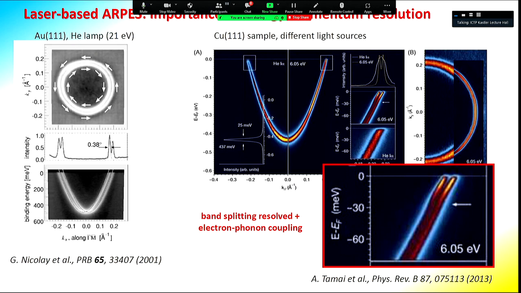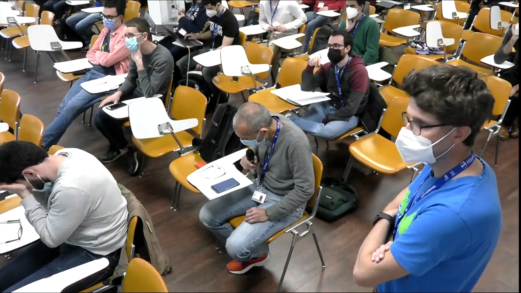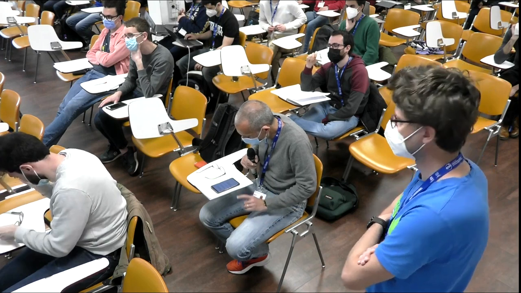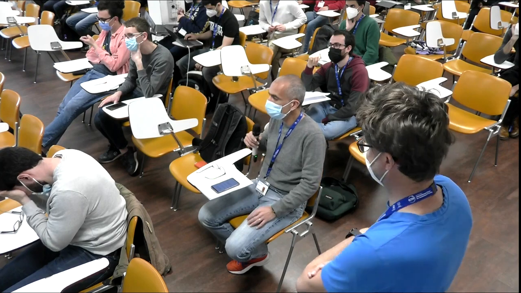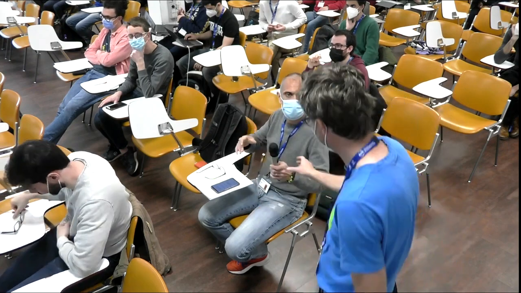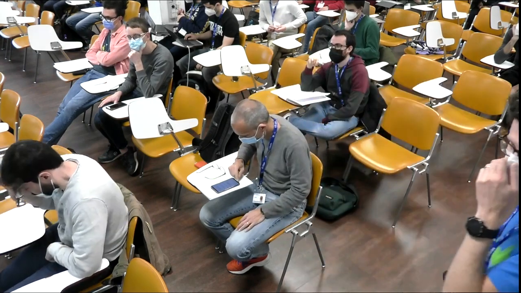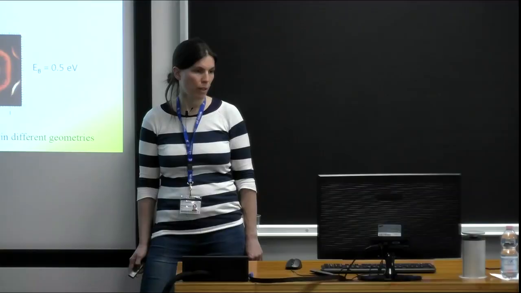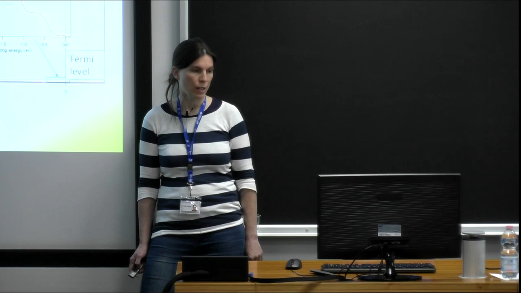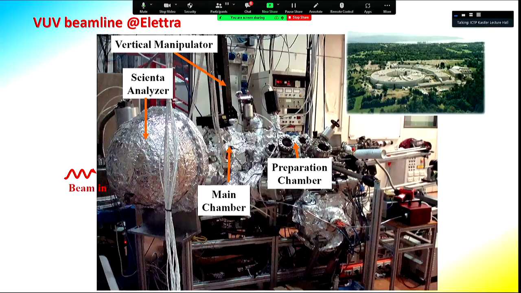Okay, the last question is how tricky is it to prepare the samples for performing ARPES measurements? Can we control the environment to avoid, for instance, oxidation at the surface? Yeah, of course, in our system we can do that, because in our photoemission beamline we can go very high in energy, up to 1000 electron volts.